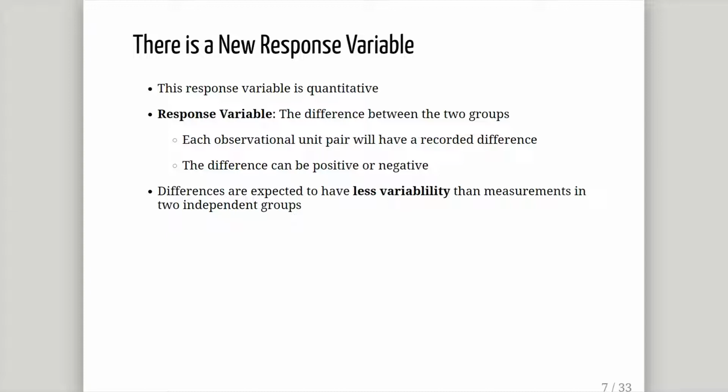That's because this comparison is going to simply be a difference between the two groups. Therefore, each observational unit pair will have a difference. That difference is the response variable. That's the data we are measuring. Since we're working with differences or subtractions, we can have positive differences or negative differences.